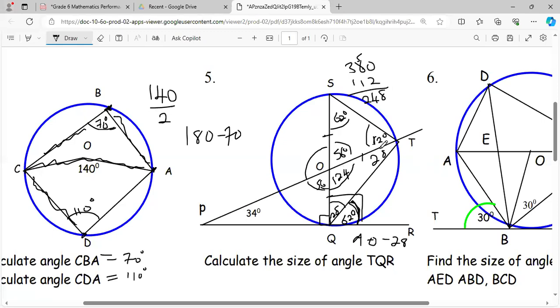All of the triangles must add up to 180. 62 plus 62 and 56, that's 90. 34 plus 56 plus the 90, that's 180. And you can check that big one here too. 62 plus the 62 plus the 28 plus the 28, that should give you 180. All the triangles must add up to 180. So you can do a little double check.